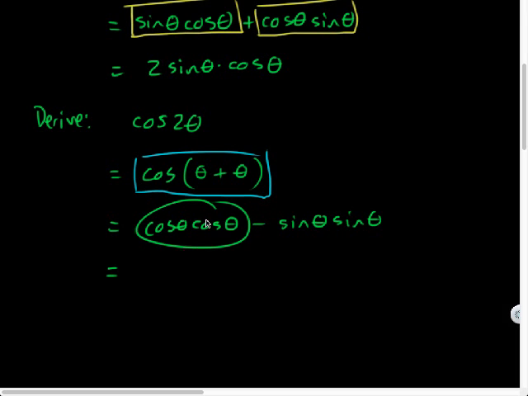What's this multiply to be? Cos squared theta. Notice the big 2, little 2. Big 2, little 2. So, big difference there. Minus sine squared theta. This happens to be one of the cosine identities.